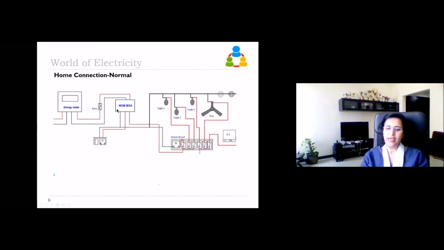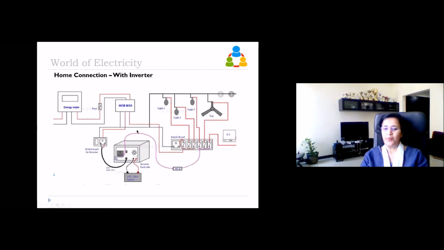So with the inverter, we connect an inverter here. When your parents and the electricians worked on it, they put in an equipment and a battery. In the normal condition, when the supply is there in your home, the supply comes to this, connected to a plug, and feeds this inverter.